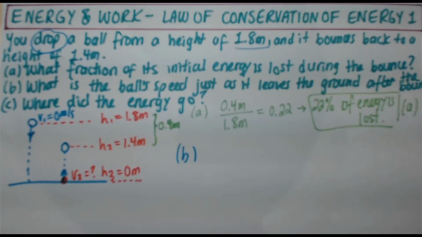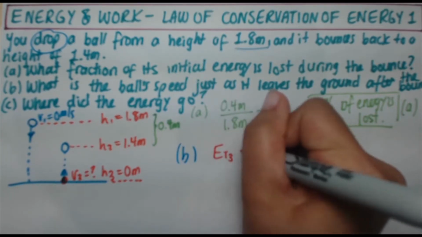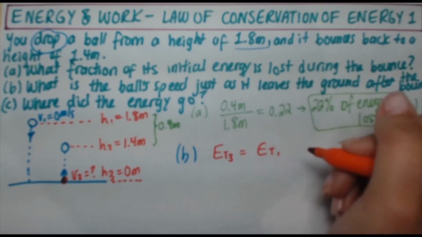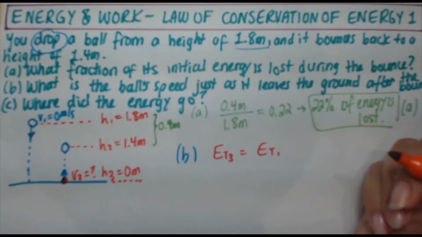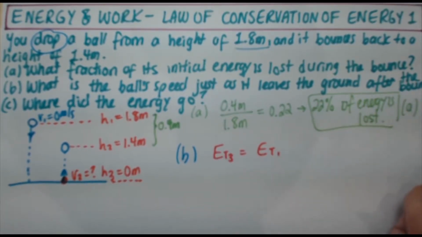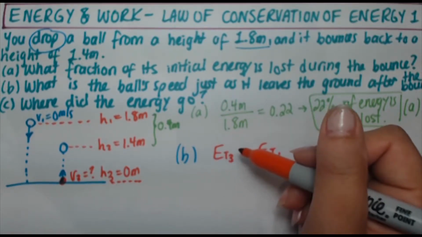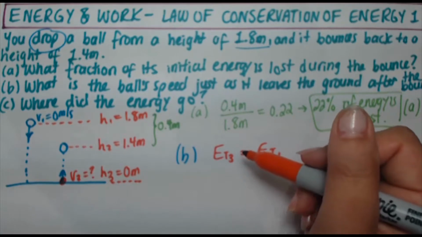Because I'm looking for V3, I want to do my conservation of energy expression. Usually I like to have what I'm isolating for on the left of the equal sign. So I'm going to write ET3 equals ET1. Up to this point, the videos we've done are always ET1 equals ET2. In this case, you can use any 2 points. ET3 equals ET1. What I'm looking for is in this expression, so I keep it on the left. But it really doesn't matter. You can always isolate it later on.